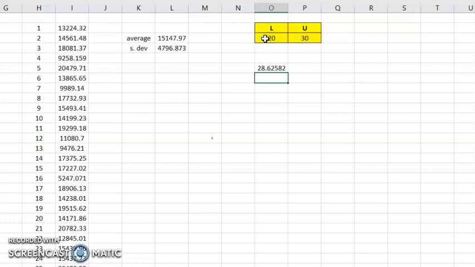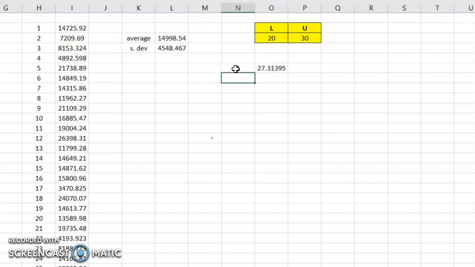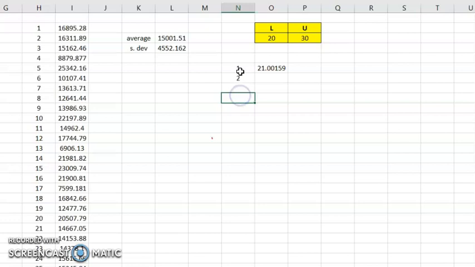Let's check the results. 28, a random number between 20 and 30. Awesome. Let's try it several times to see if it really works for the other situation.